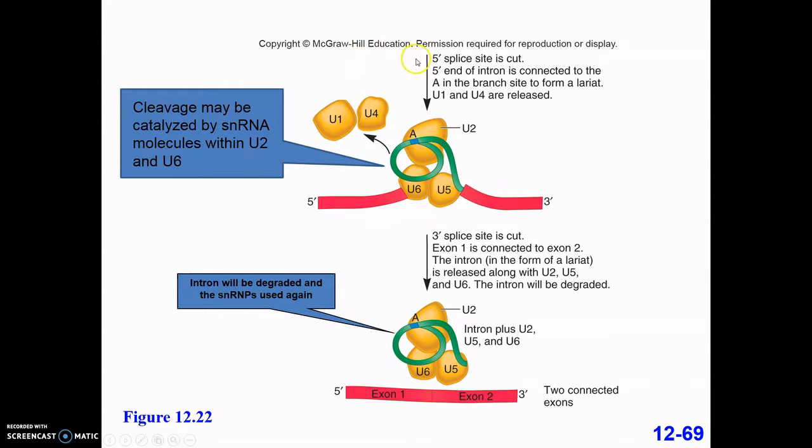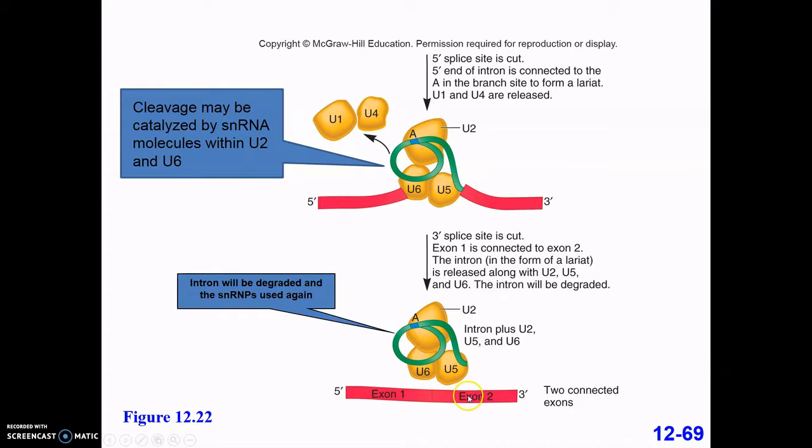Next, we carry out that first enzymatic action. So we get the A attacking the 5' end and replacing it, leaving this as a bound 3' end to this U6 protein. And then further from that point, we carry out the second catalytic mechanism, which will bind this to over here. Now, up here, after that first reaction takes place, U1 and U4 fall off.